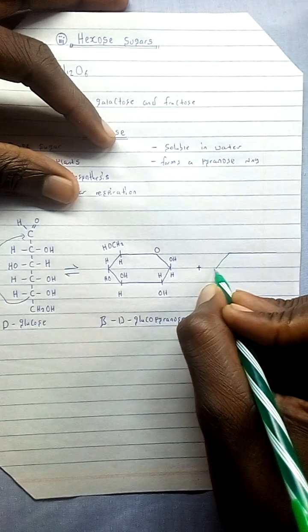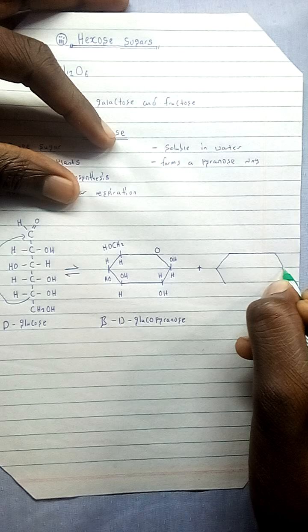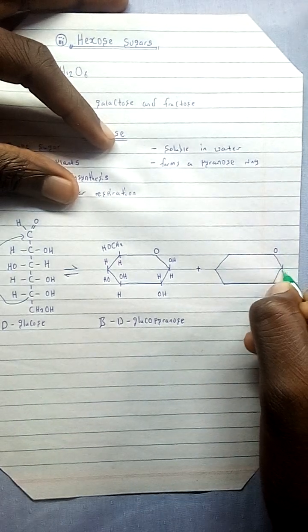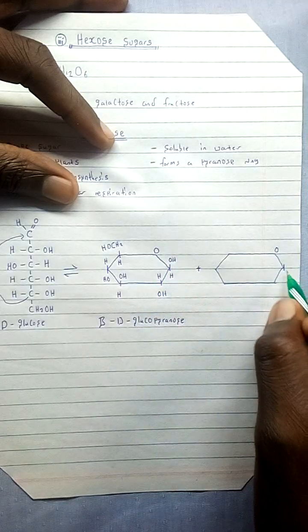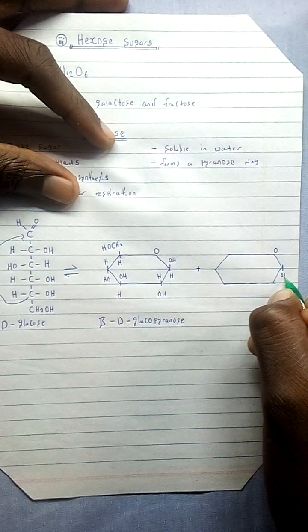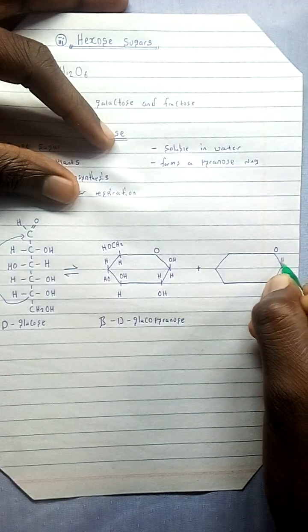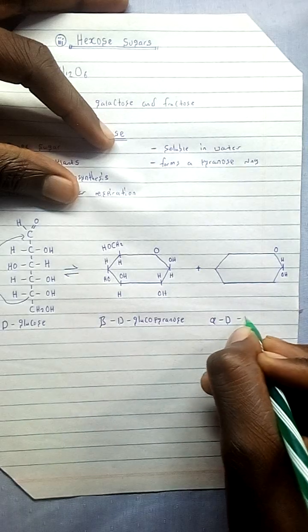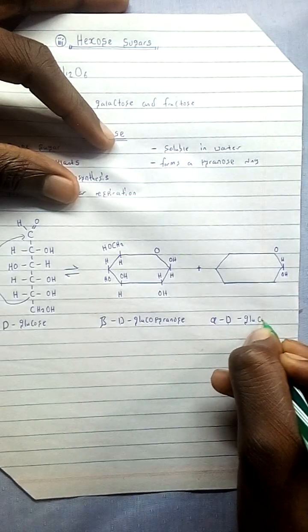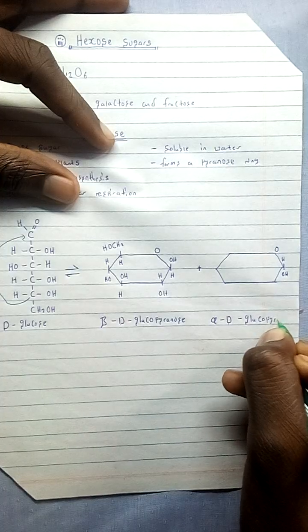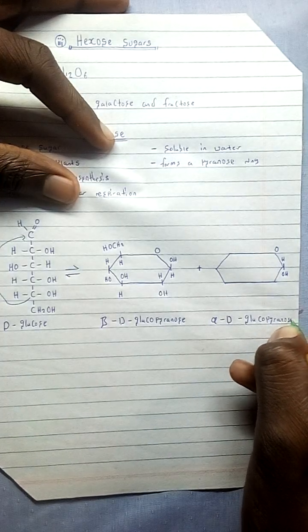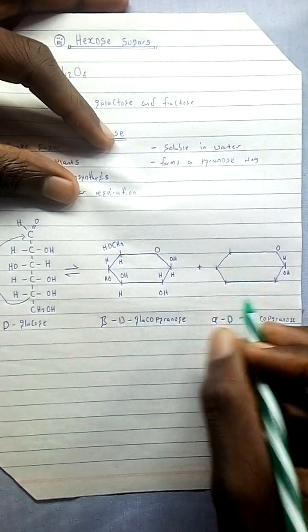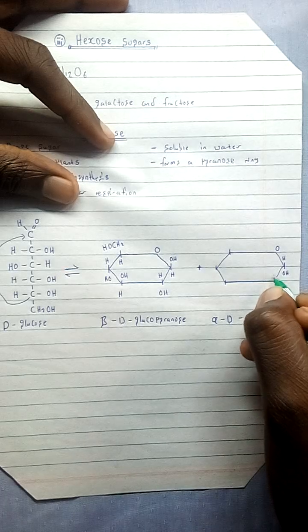These will only differ on carbon 1. It means that the OH now will be down for it to be called the alpha. So it will be alpha-D-glucopyranose.